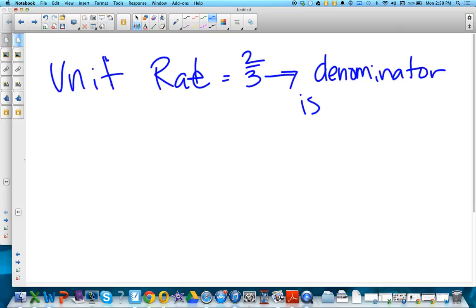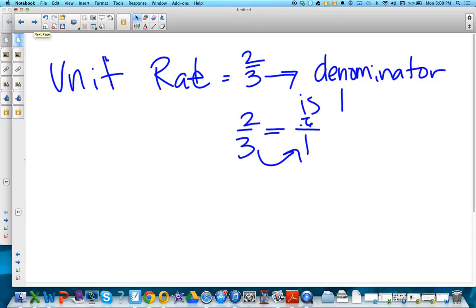Denominator is 1. That is a unit rate. So in this one, we would turn 2/3 into something over 1. How would we get that? We would divide by 3, so we'd get 0.6 over 1. Anyway, that's a bad example. But let's go through some easier examples now.